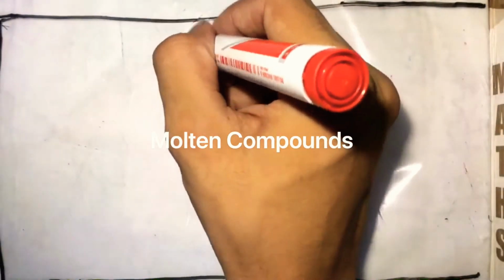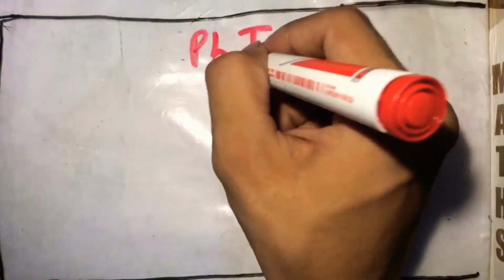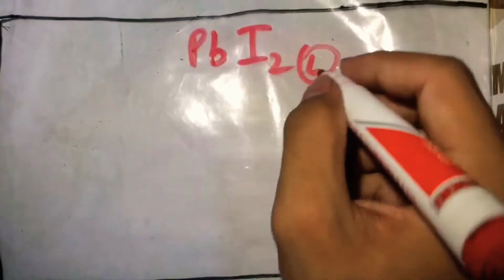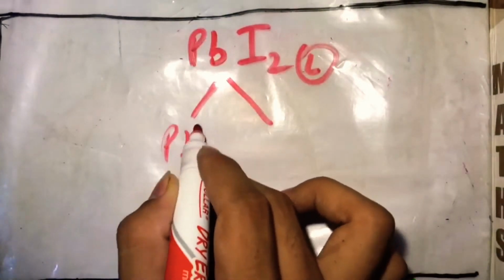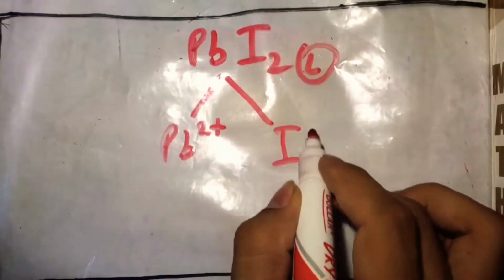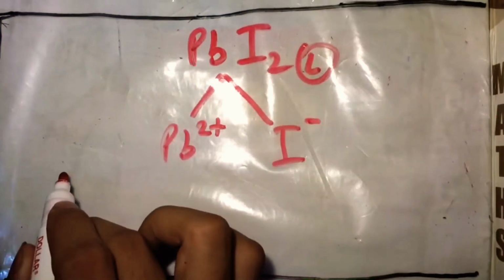Now, electrolysis can be of molten or aqueous compounds. First, taking molten compounds, for example, lead iodide, liquid as it is molten. On passing an electric current, it will decompose into Pb2+ and iodide ions. The lead ion and the iodide ion move towards the cathode and anode respectively.